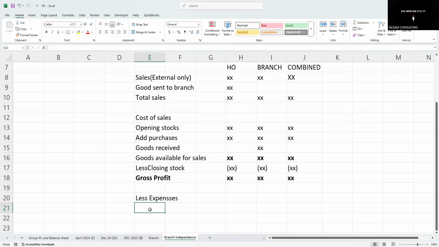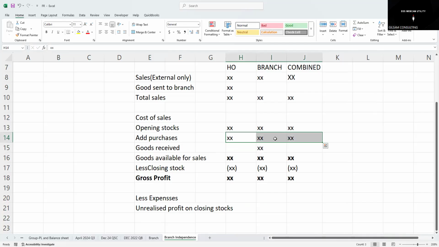But the one which might be there is unrealized profit on closing stocks, which is not a common expense.